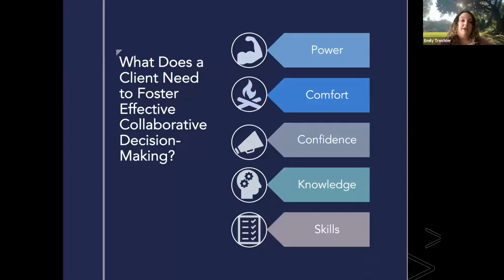The second is comfort, and I connect that really strongly to trust, that they need to know and trust that the things that they say will be taken seriously, that they really have that power to be able to make a vote, to be able to state an opinion and be taken seriously, but also that they're able to disagree with you or state an alternate opinion or say, hey, this isn't going very well for me without having any negative repercussions, right? So they need to have that full trust in you and in the system that they're able to participate and have that be a positive experience.